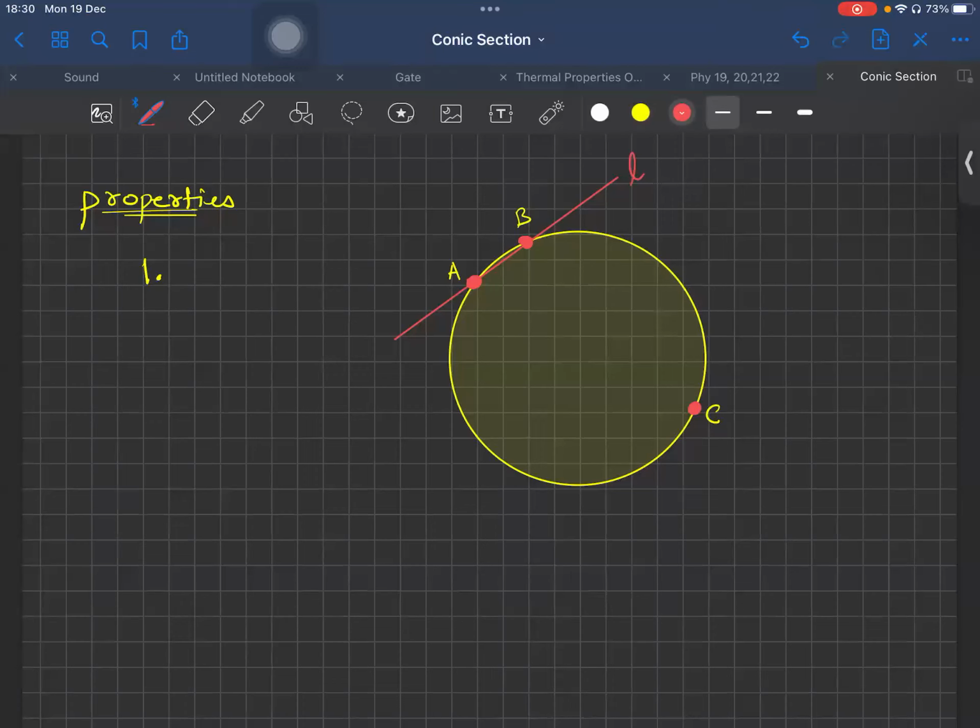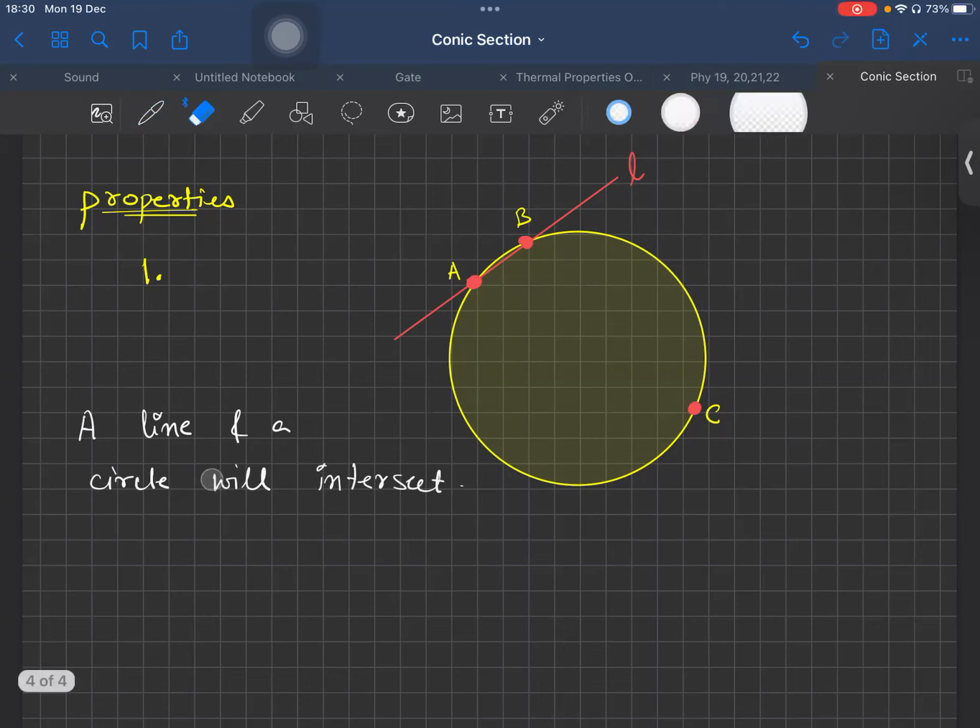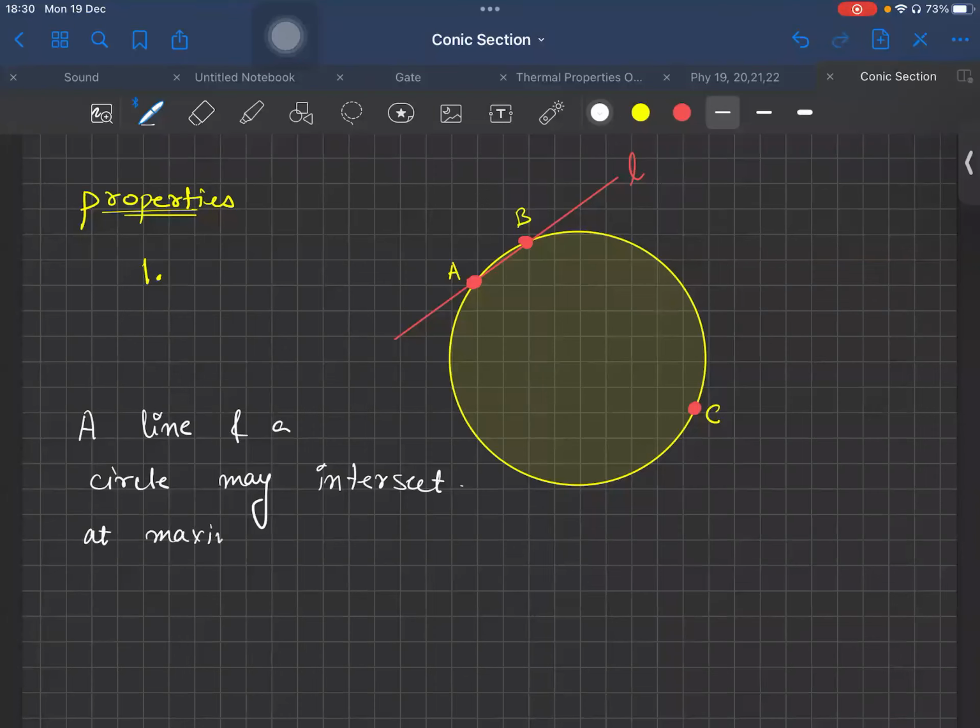So this is line L. All of you write down that a line and a circle can or may intersect at a maximum of 2 points.